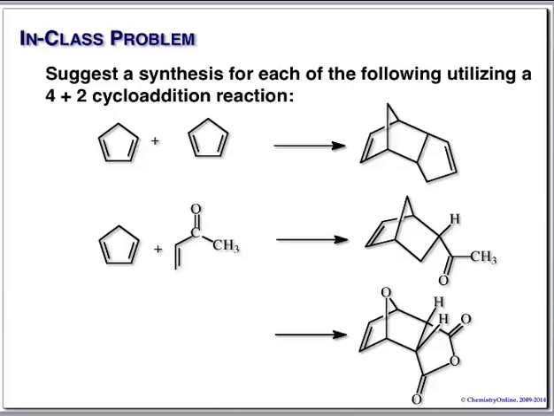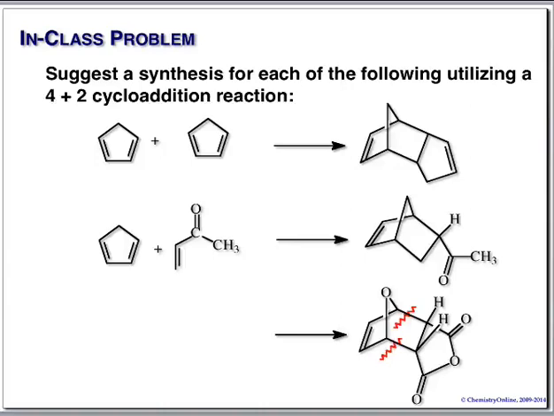Now, once again, this one looks really complicated, but here's our 6-membered ring. Look across the ring. These are the carbons of our dienophile. So this used to be a double bond right here.